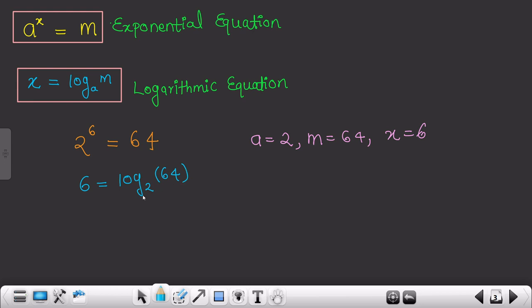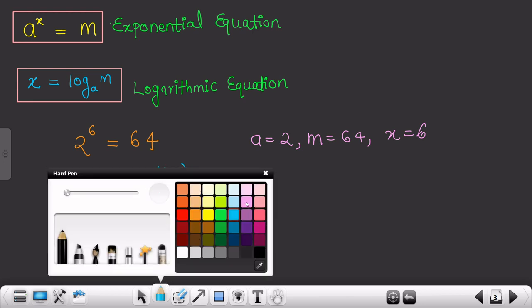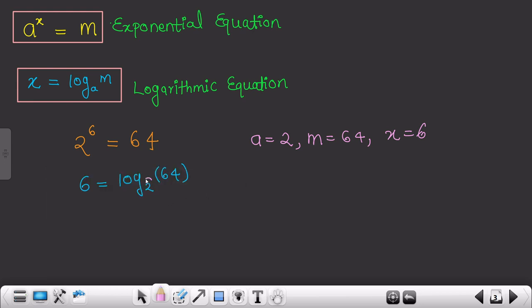What does that mean? That means by what power you have to raise this 2, that means x, that means 6, such that you end up getting the value as 64.